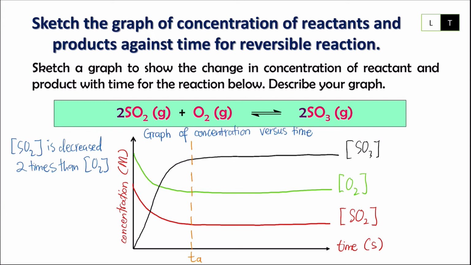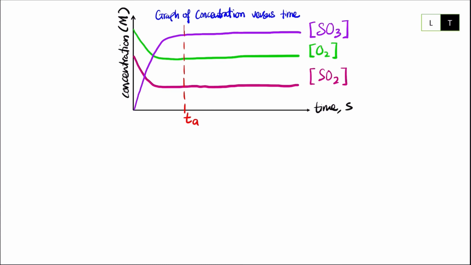Now, from here, saya akan continue how to describe the graph. When you want to describe the graph, so I will pick this one back. This is from what I've already drew from before. Saya akan split my explanation into 2 parts. This is going to be the first part and this is going to be the second part.